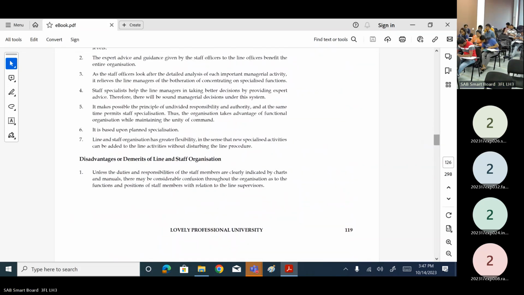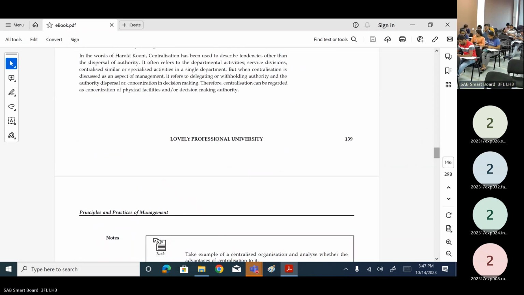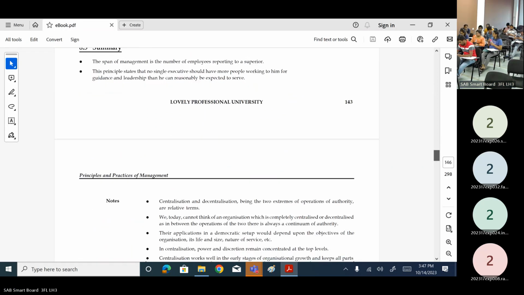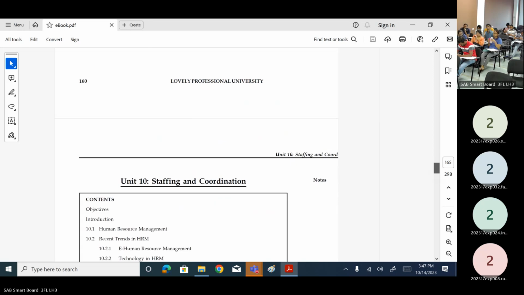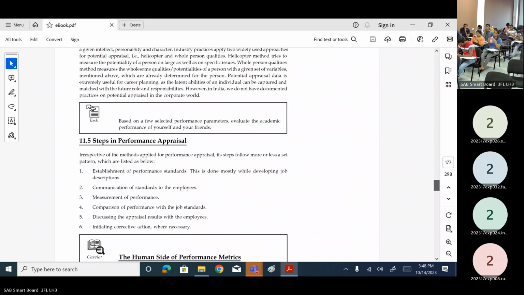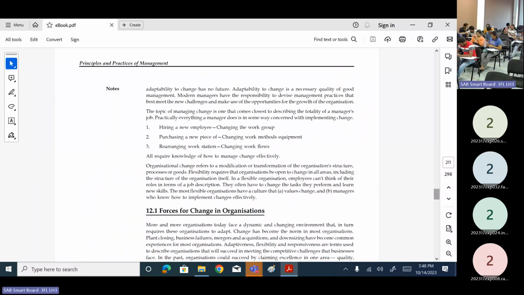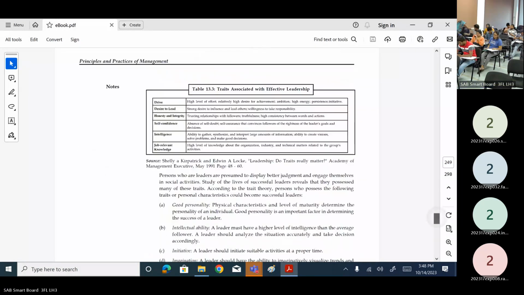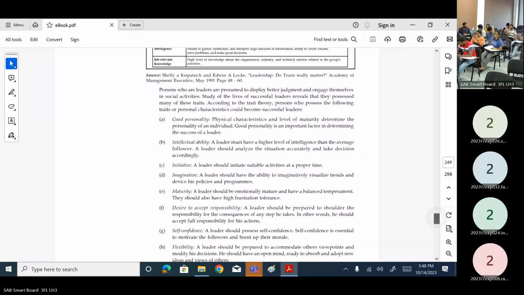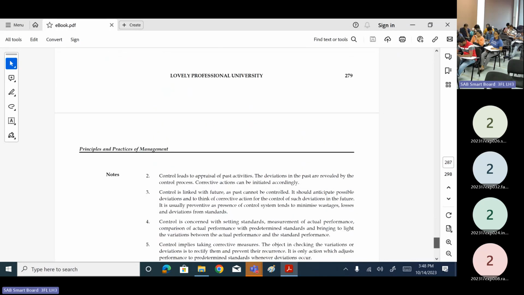We wanted to have that, but it will be done on the next day. Organization of change. Can somebody see the particular page?